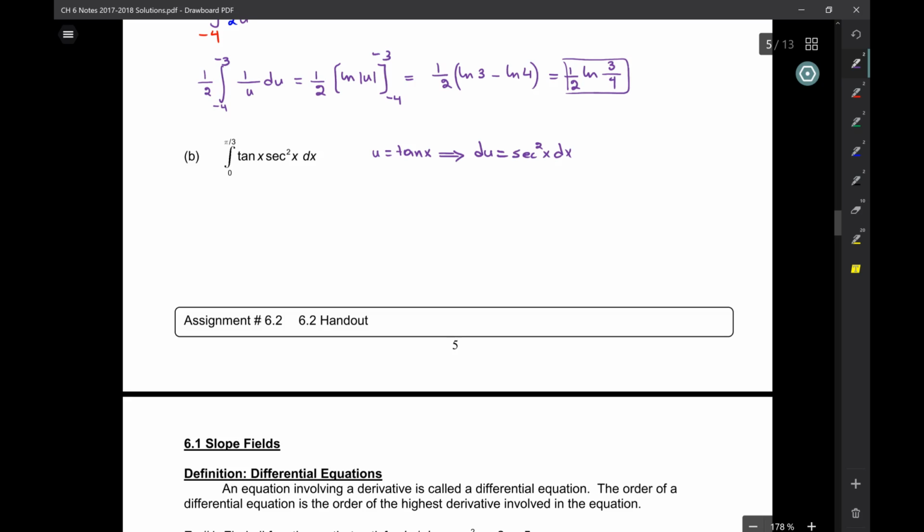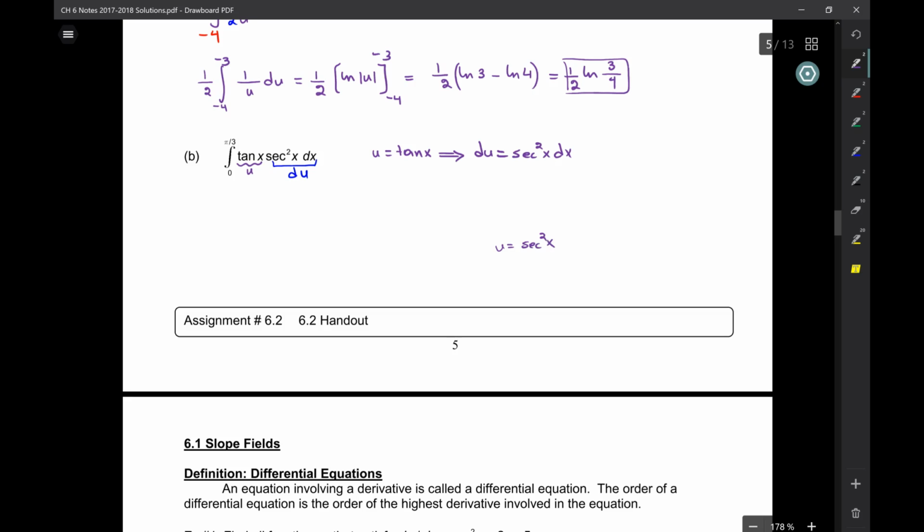So take a look at what happens here. This is u, and this is just du, right? So suppose now you didn't know that. Suppose you chose u to be secant squared x.